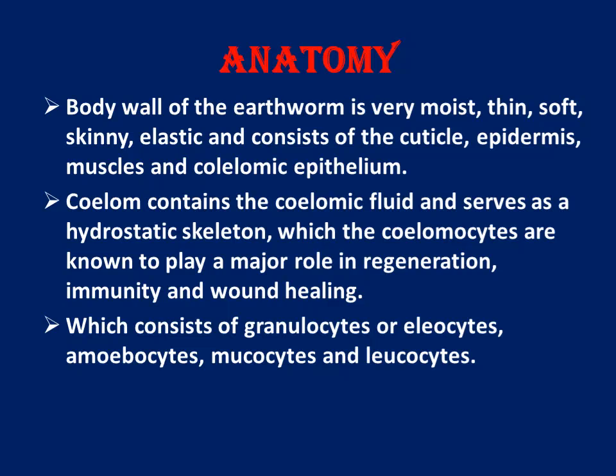It consists of cuticle, epidermis, muscles, and coelomic epithelium. Coelom contains coelomic fluids. So, it serves as a hydrostatic skeleton in which the coelomocytes play a major role in regeneration, immunity, and wound healing.